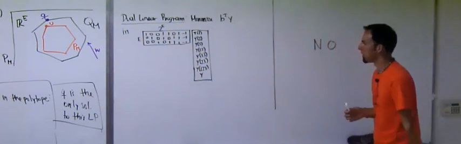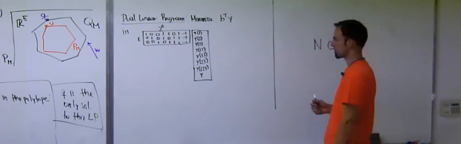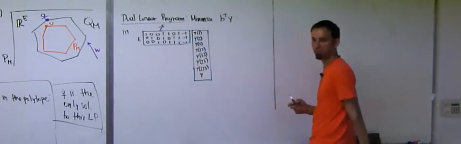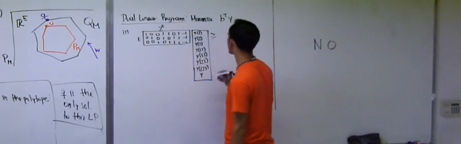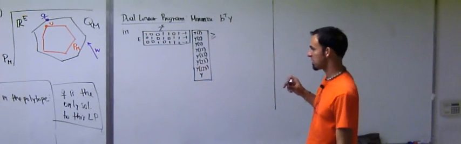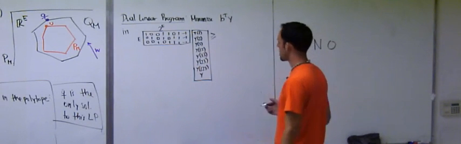So this is just a typical vector that you can multiply by this matrix. And this is supposed to be bigger than or equal to W.